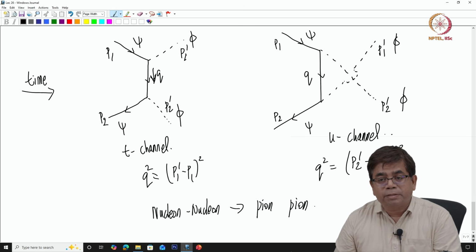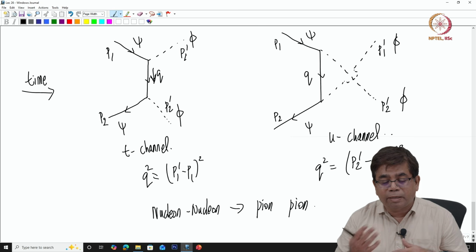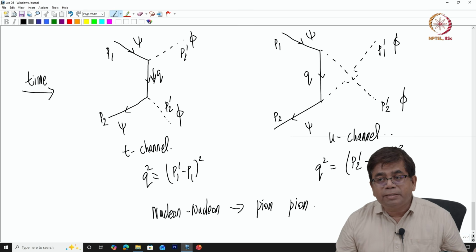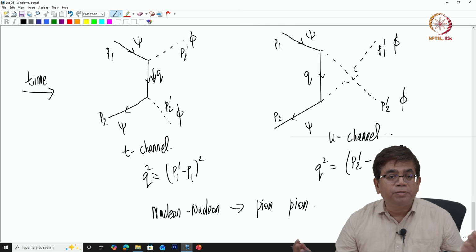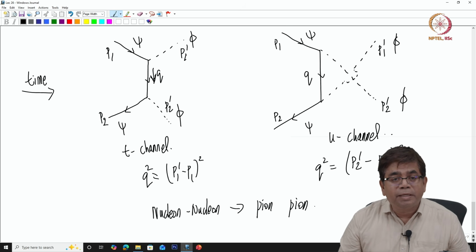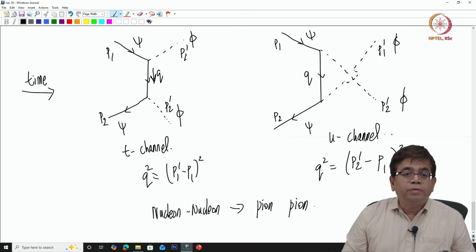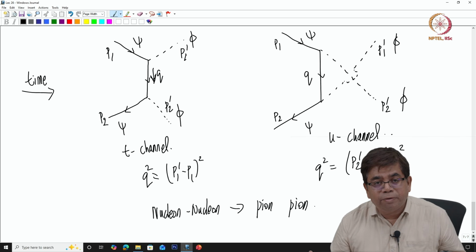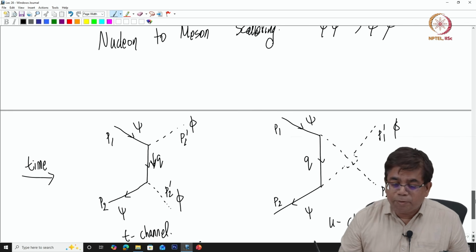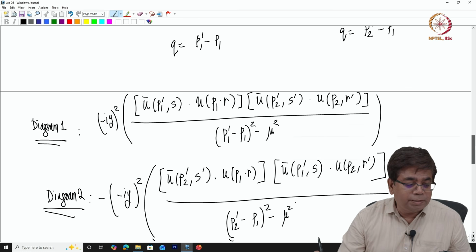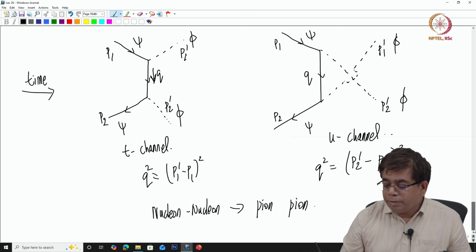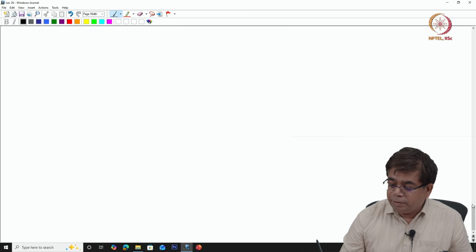What happens is an S channel will look like a T channel if the time direction is not mentioned, so there will be some confusion whether the diagram you have written is a T channel or S channel. So it is important that you mention the time. Of course otherwise you can just mention this is T channel or S channel, but it is always safer to mention the time direction. Okay.